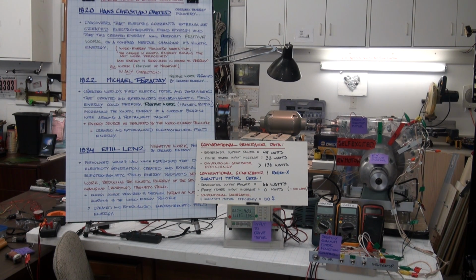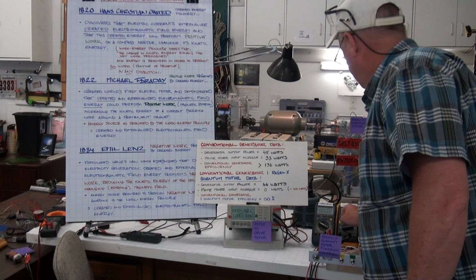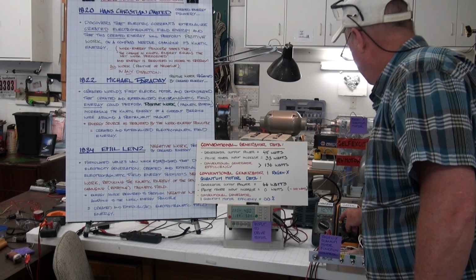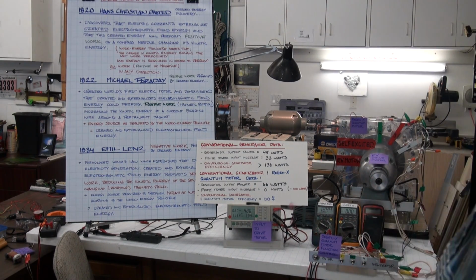We're going to place the conventional generator on load, and it's going to deliver about 45 watts to the battery, which you'll be able to see here.